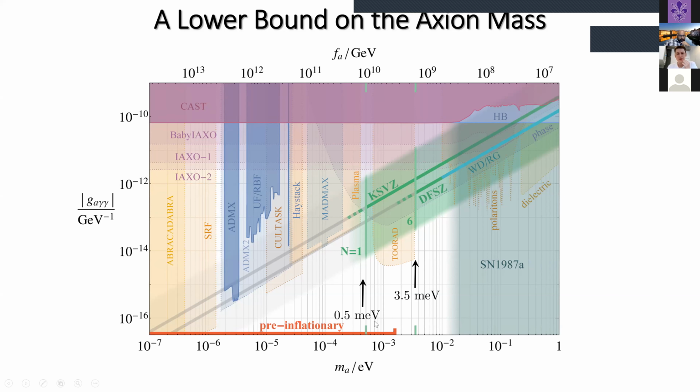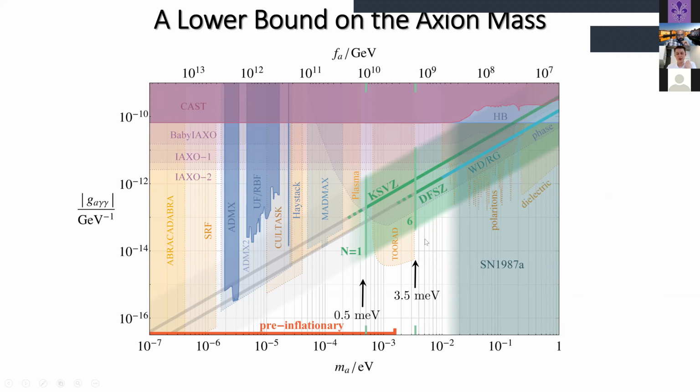And this means that the QCD axion should have a mass larger than about 0.5 millielectron volt for the KSVZ model. The DFSZ model has a stronger bound because what enters in the number density of axions from strings is not f_a, but is the value of the Peccei-Quinn field, which is enhanced by the anomaly coefficient. And this corresponds to about 3.5 millielectron volt.